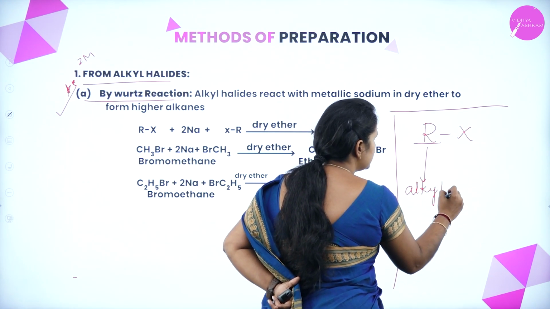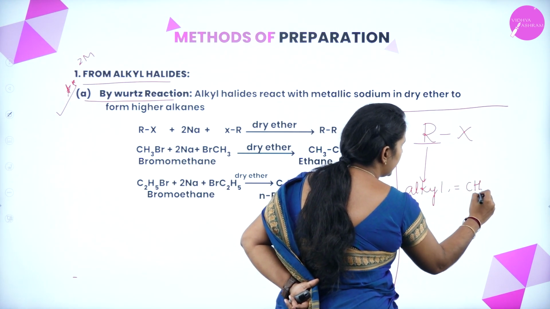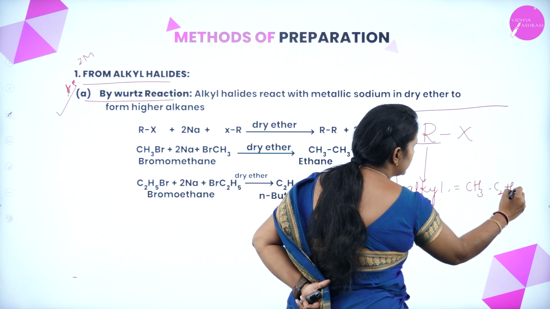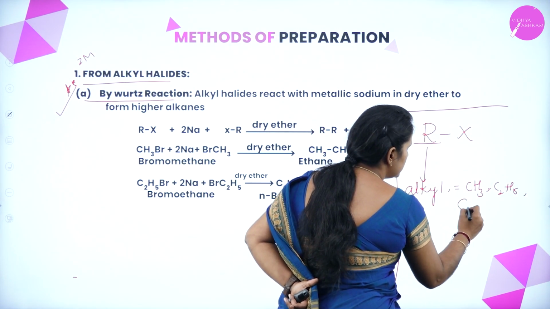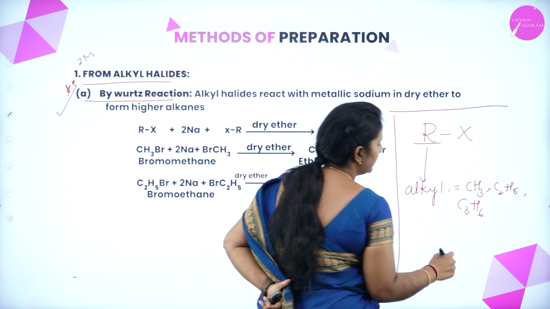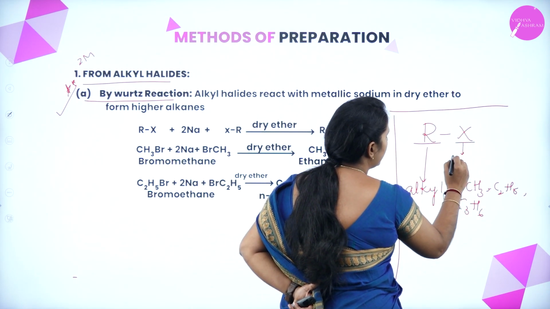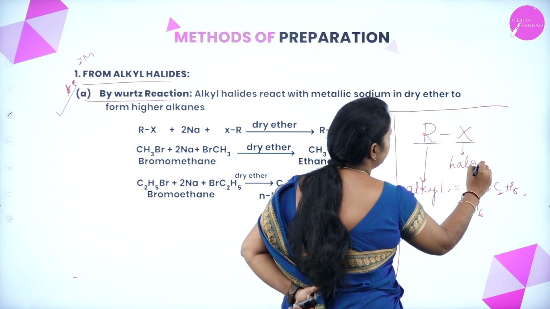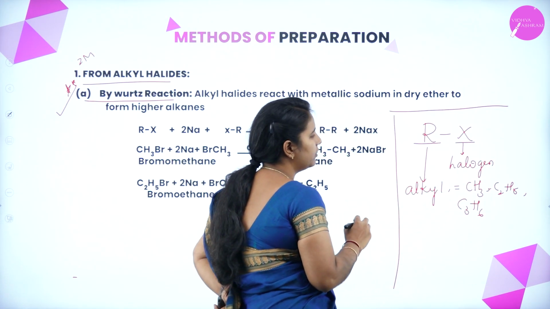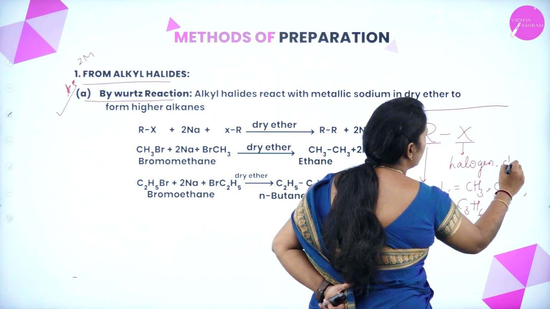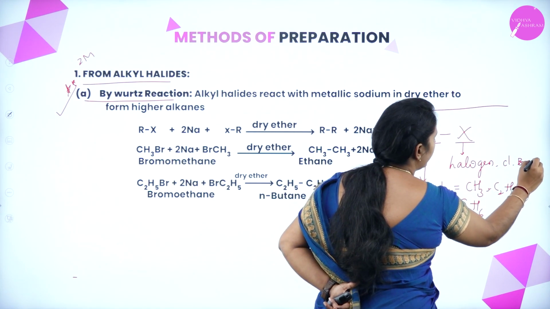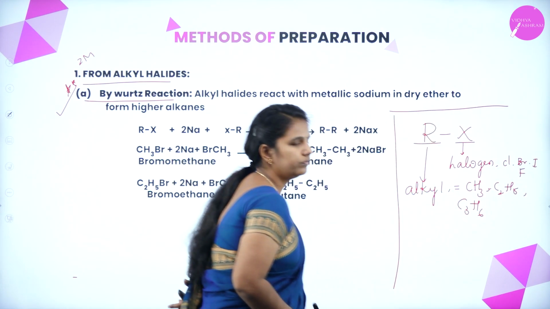It may be CH3 or C2H5 or C3H7, like that it may be. Whereas X is nothing but a halogen. It may be chloro, bromo, iodo and fluoro.